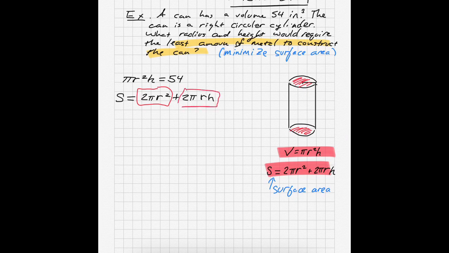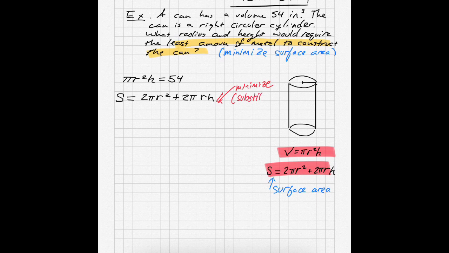And then this gives me the area of this portion. If I was to roll that cylinder out, I would have a rectangle there and its area would be given by this. But in any case, my goal is then to minimize that equation.